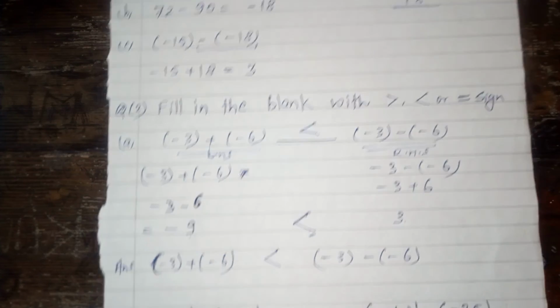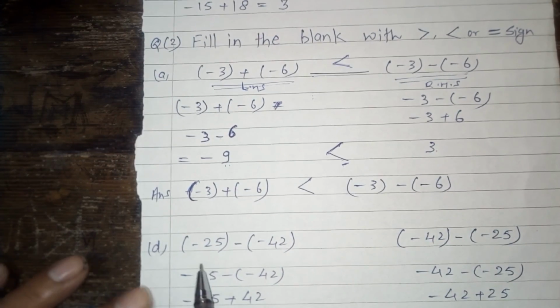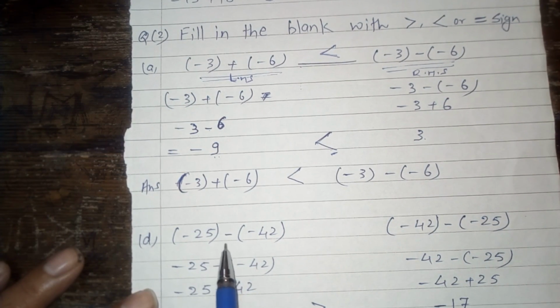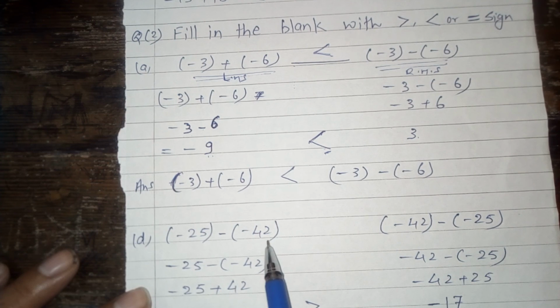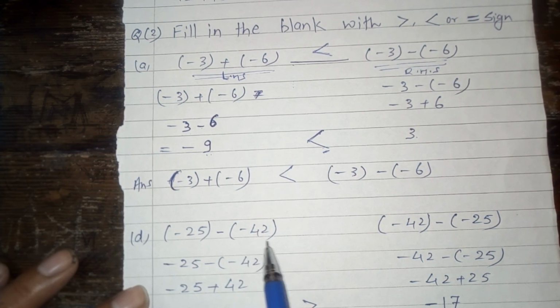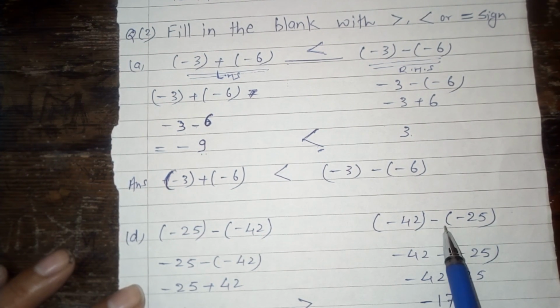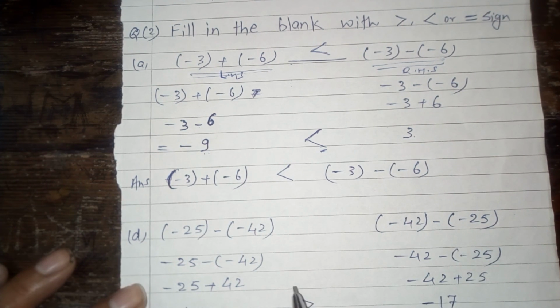Okay, you have one more question. Minus 25 minus in bracket minus 42. This is LHS. Minus 42 minus in bracket minus 25. This is RHS. First we will apply the same procedure.